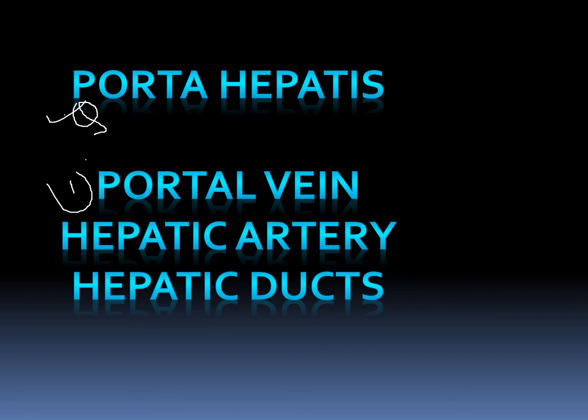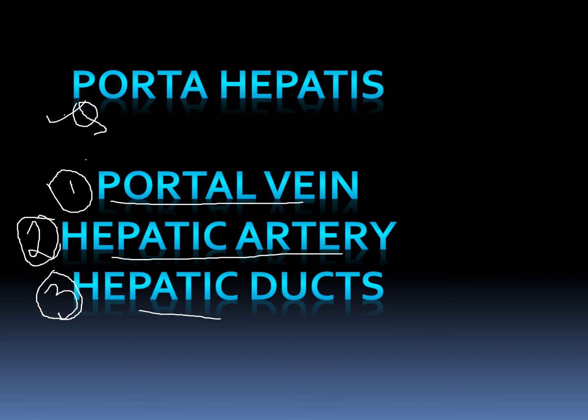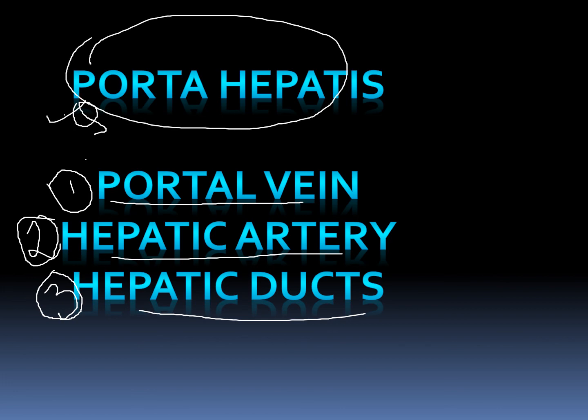Point number 2 is the hepatic artery, and the third one is the hepatic duct. So please don't confuse whether it's hepatic vein or portal vein. It's portal vein, it's hepatic artery, and it's the hepatic duct. All these things comprise the porta hepatis.